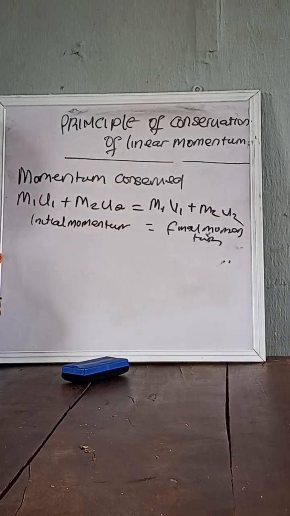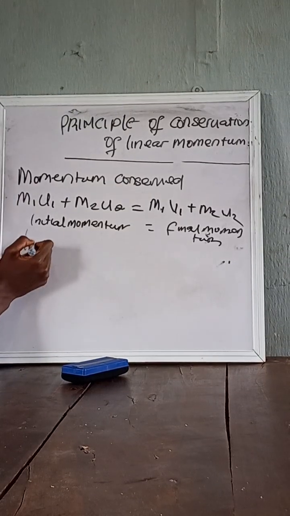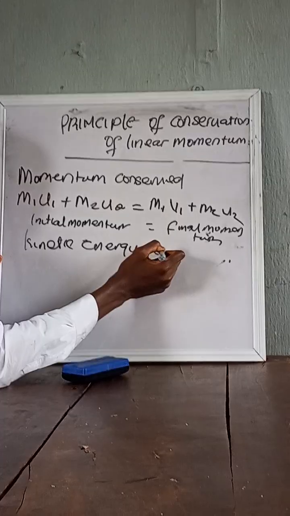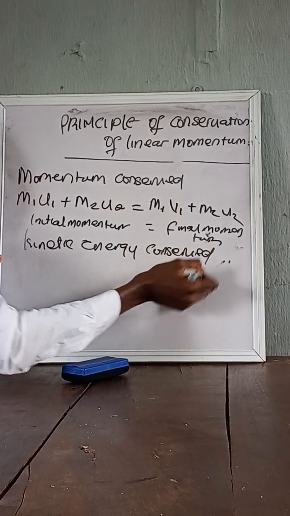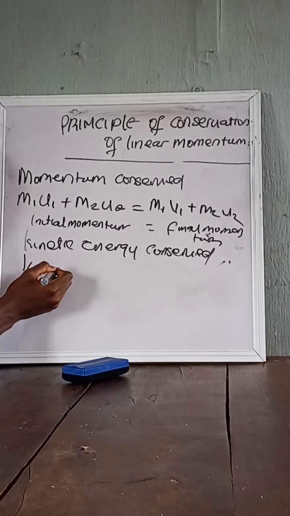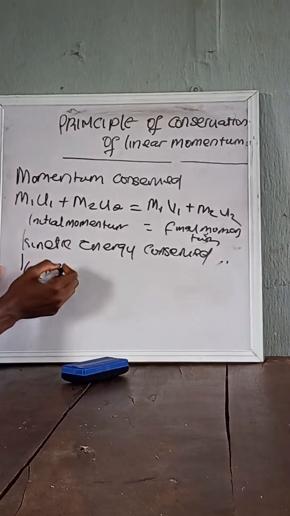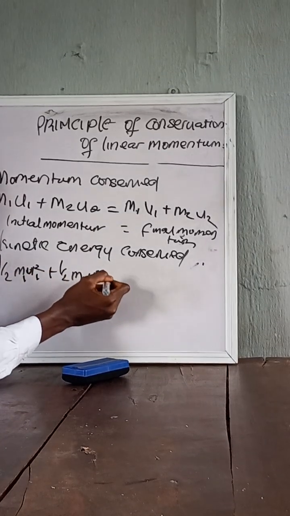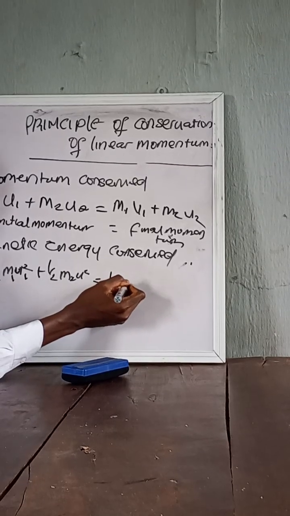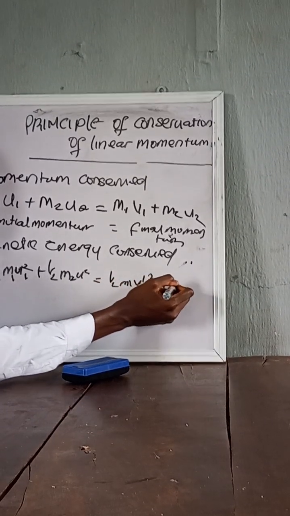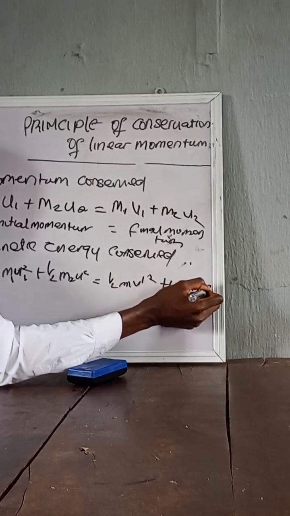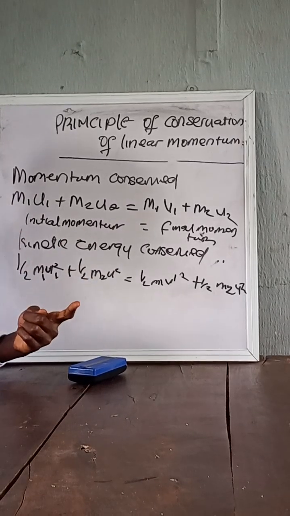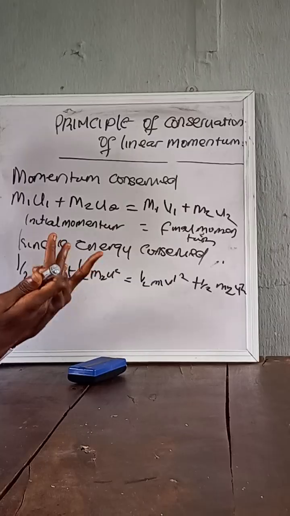So the kinetic energy concept: half m1u1 squared plus half m2u2 squared is equal to half m1v1 squared plus half m2v2 squared, where u and v are the initial and final velocity respectively.